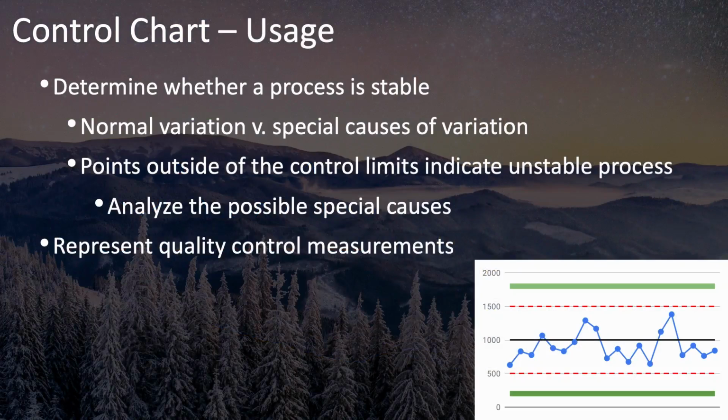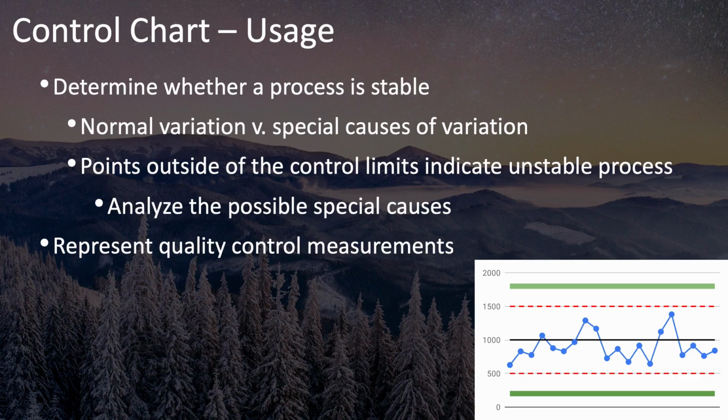A control chart is used to determine whether or not your process is stable or under statistical control. It helps you to detect the differences between normal variations and special causes of variations.